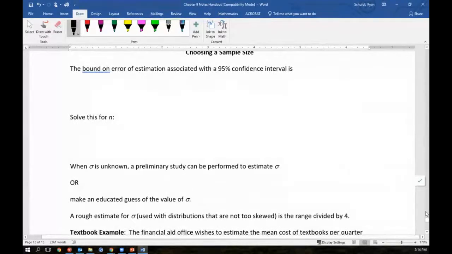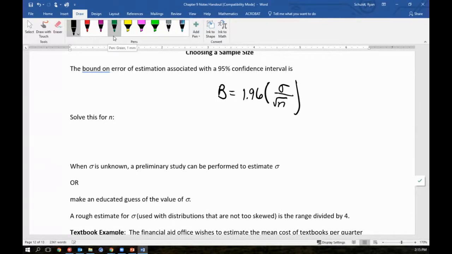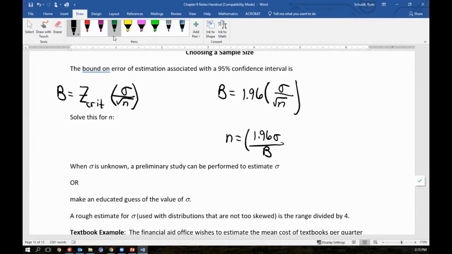So for the 95%, the bound was 1.96 sigma over the square root of n. But in general, it is z crit times sigma over the square root of n. Again, if we solve each of these for n, we get 1.96 sigma over b all squared.